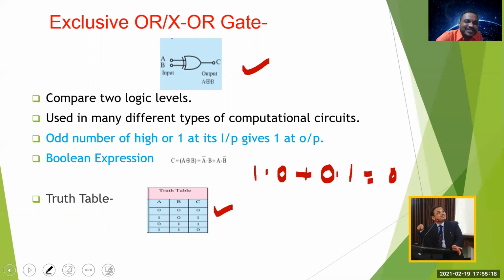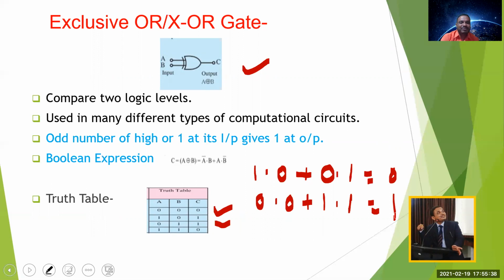So we verify the first. Then 1 and 0: A bar is 0, into B, that is 0, plus A, that is 1, into B bar, that is 1. 1 into 1 is 1. So we get output 1.